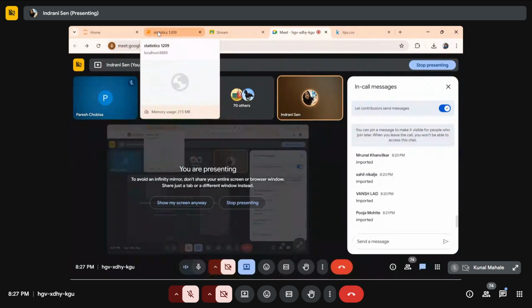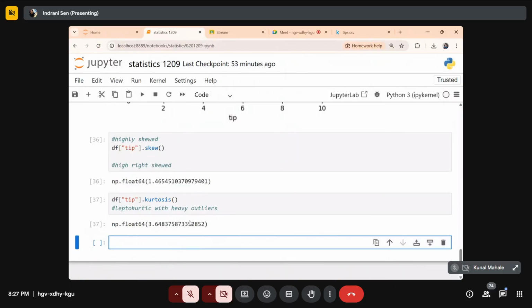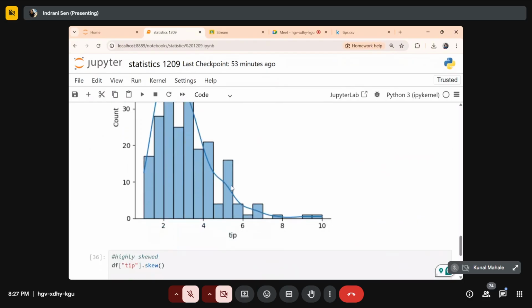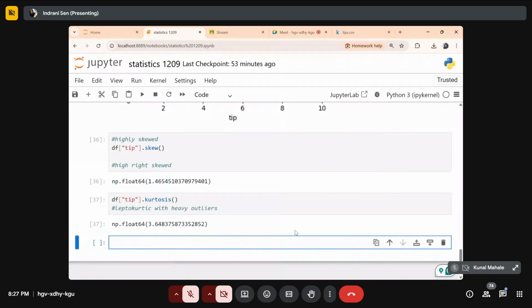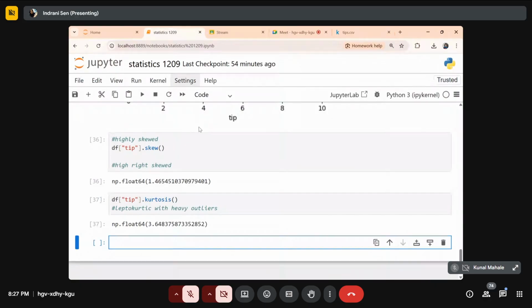Yes. Have you done this? If you have done, just write done. Write done in the chat box.